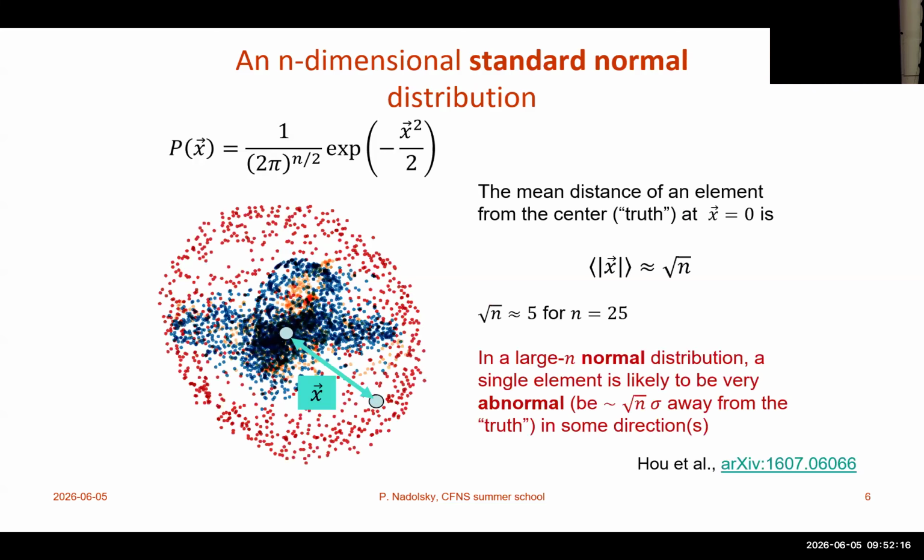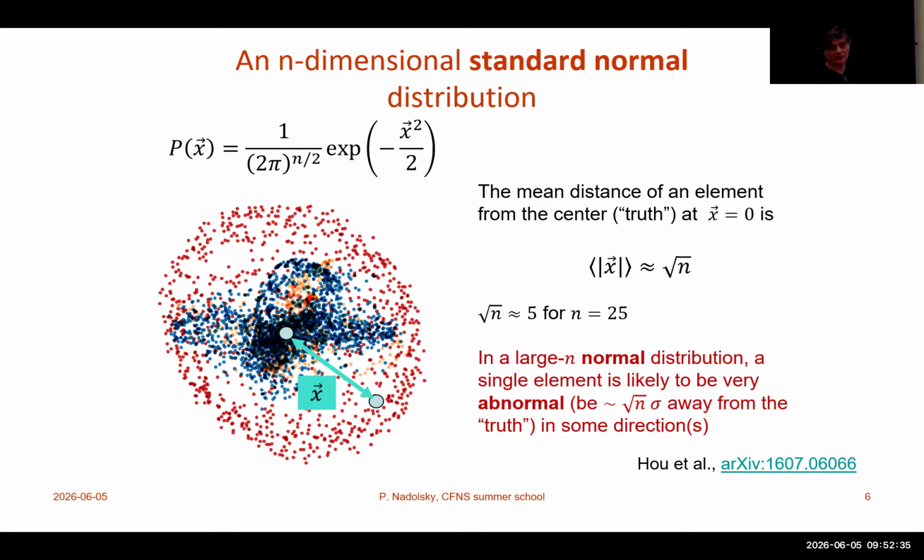If you try to do the same in many dimensions, for example, if you try to sample the 25-dimensional probability distribution, well, most of the pins will fall far away. Most of the pins will fall at a distance equal to the square root of the number of dimensions.